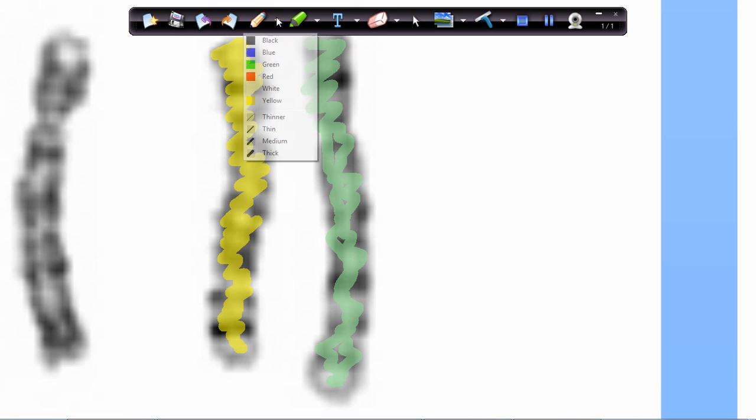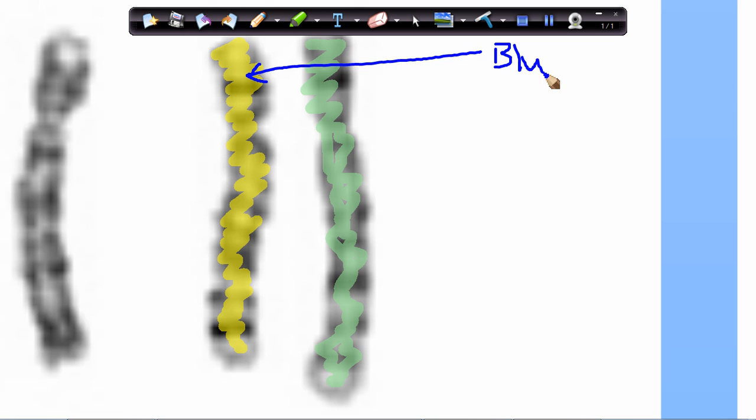That's really important. If we have a gene for eye color here, maybe for blue eyes, then at the same spot on its partner chromosome here we would have a gene maybe for green eyes.